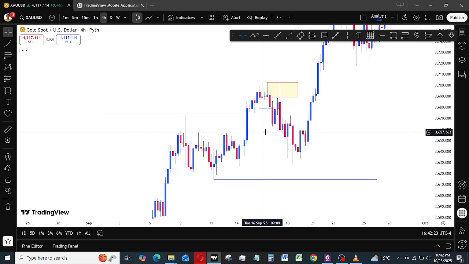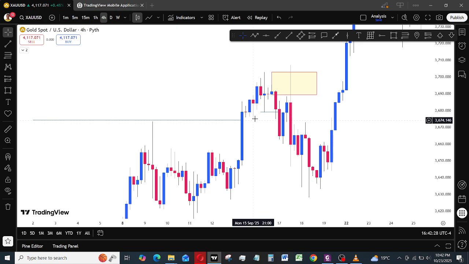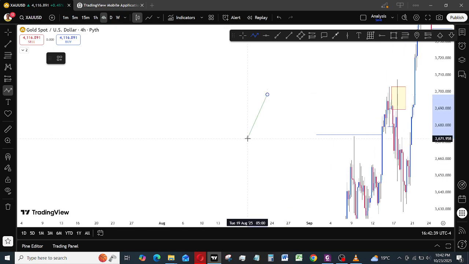Most of the time, what I call a liquidity sweep, suppose we have something like this, let me get a blank page and see.